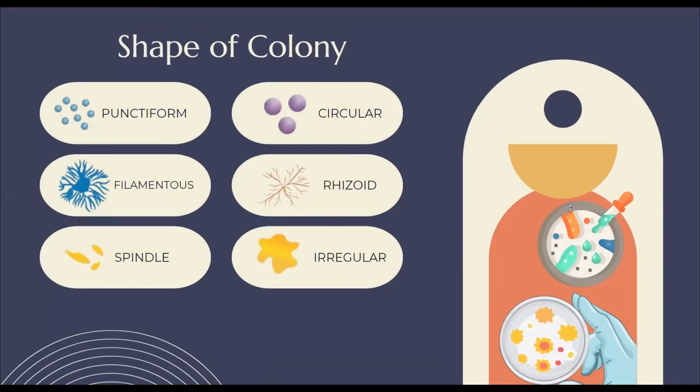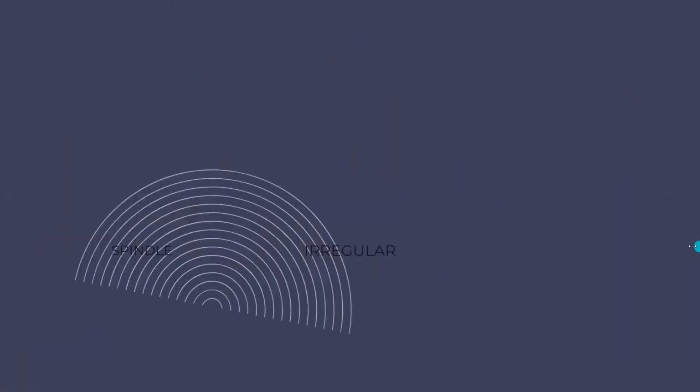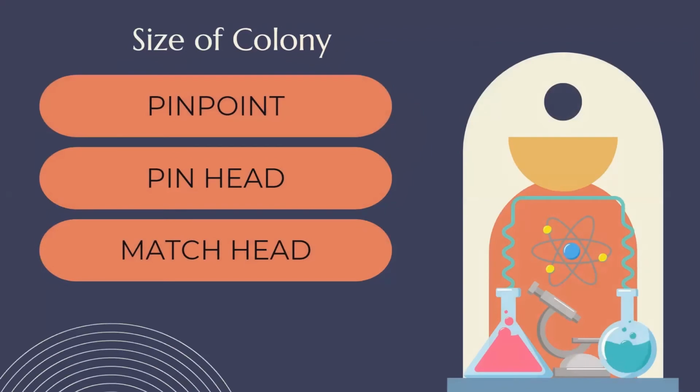In terms of the shape of a colony, it can be punctiform, circular, filamentous, rhizoid, spindle, and irregular. The size of a colony can be pinpoint, pinhead, and matchhead.